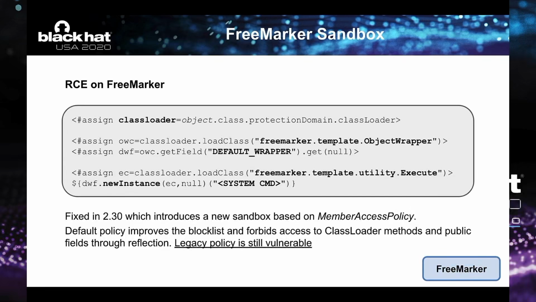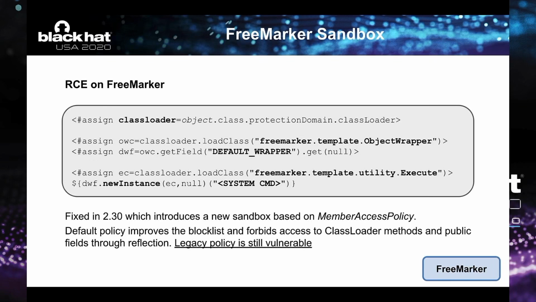So the universal bypass is basically based on getting an instance of the class loader, either through the protection domain or through the servlet context, and then loading the ObjectWrapper interface, and from there grabbing the DEFAULT_WRAPPER field. Because this field contains the newInstance method, we can instantiate arbitrary types.